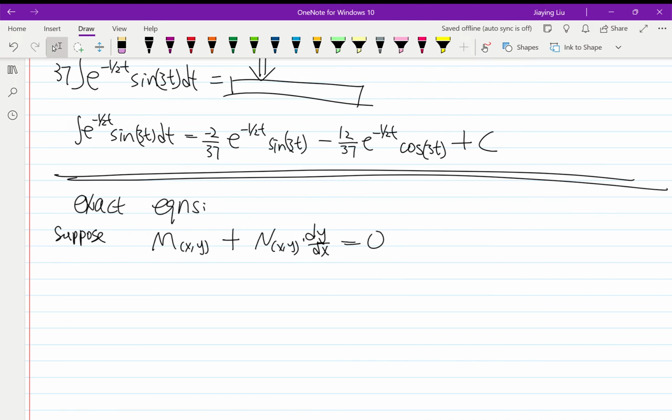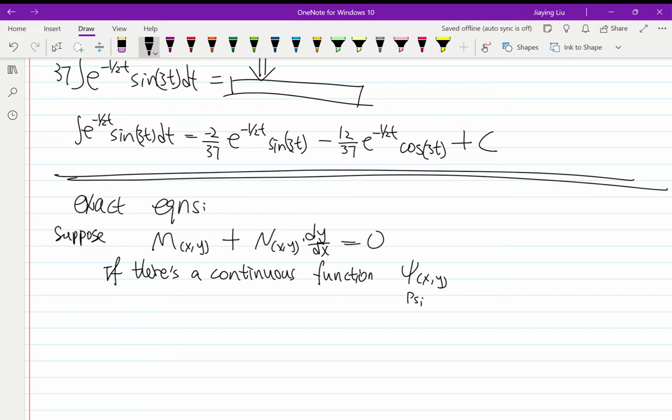And suppose there's a continuous function, let's call it psi, that depends on x and y.